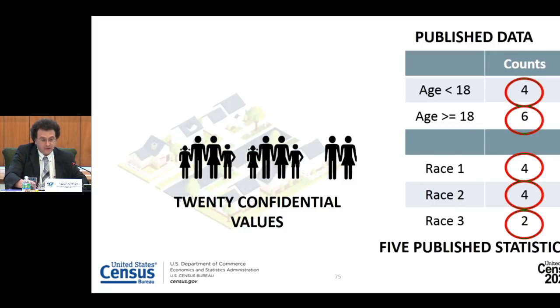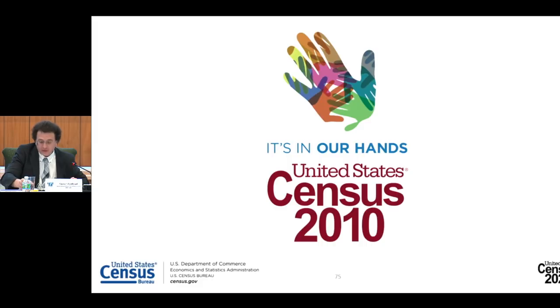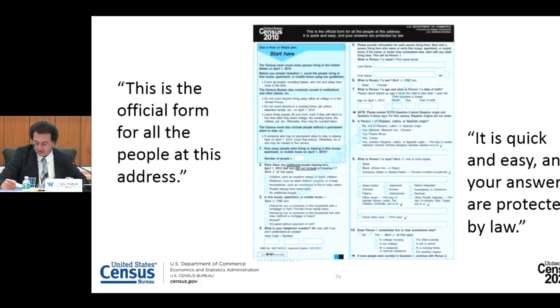Now let's talk about the 2010 census. The 2010 census asked 10 questions and collected 6 pieces of information used in tabulation for each person: address, coded to the census tabulation block; sex, age, race, ethnicity, and relationship to person 1.